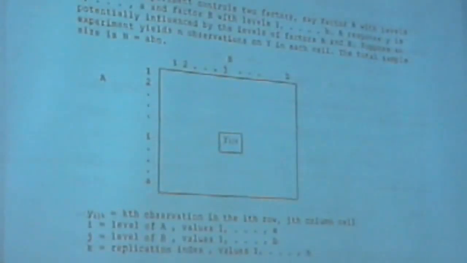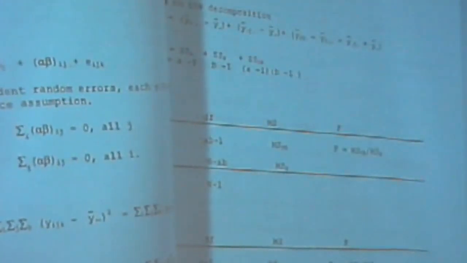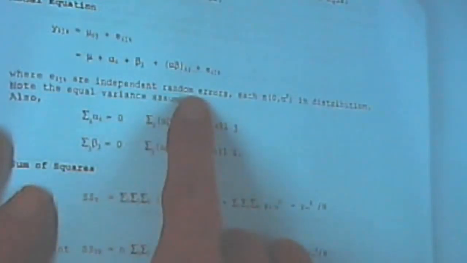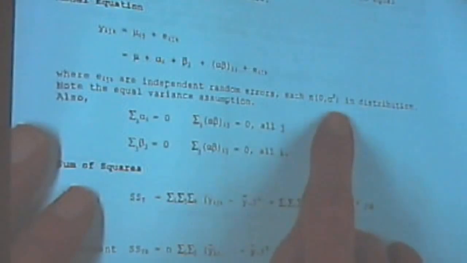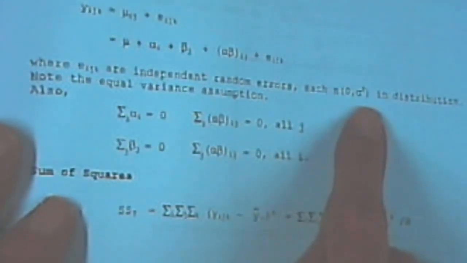Let's see, there's page 1. Nothing is said about distributions there. So here it is on page 2, where we wrote down this model equation, and we said these error variables are independent random errors, each normal 0, sigma squared. So they all have the same variance. So a common variance assumption has been going on in this model right from the very beginning.